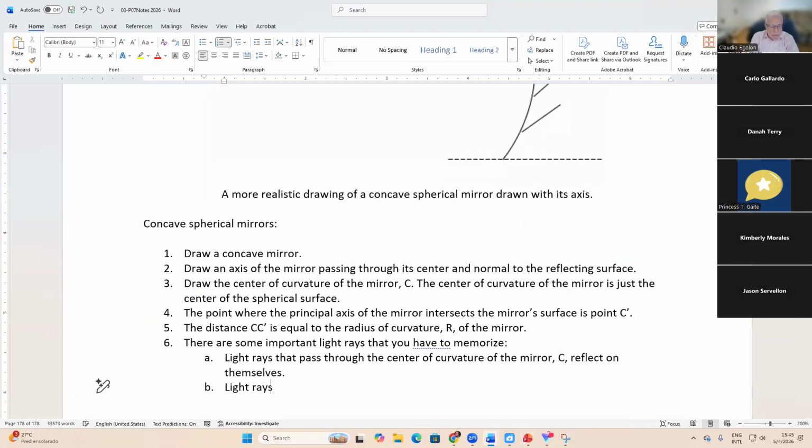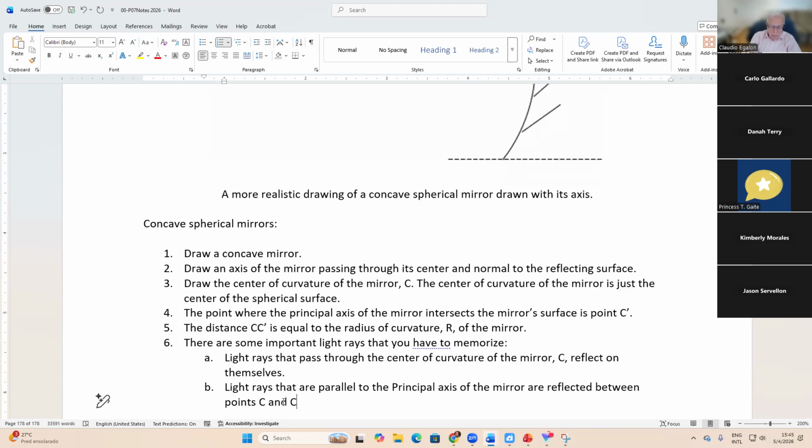Light rays that are parallel to the principal axis of the mirror are reflected between points C and C prime.